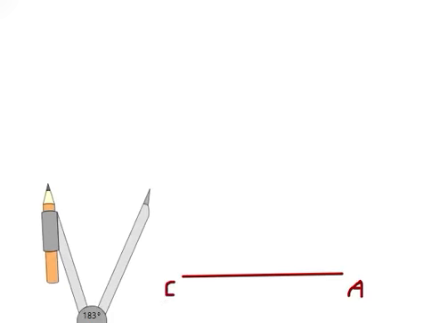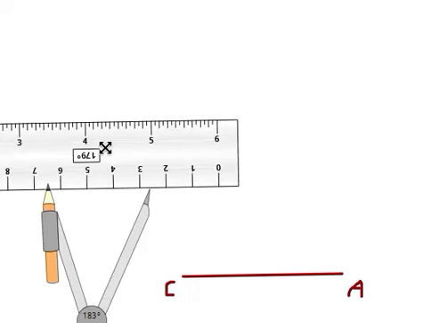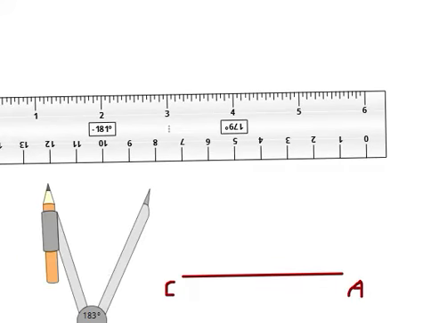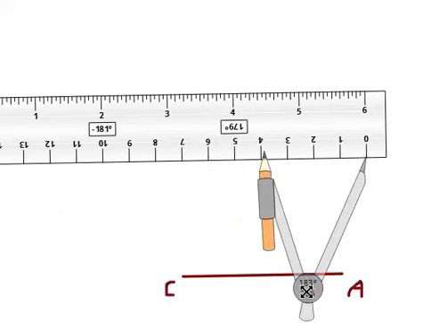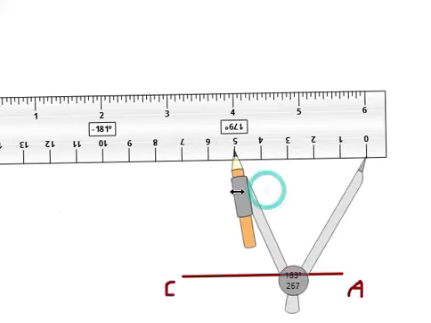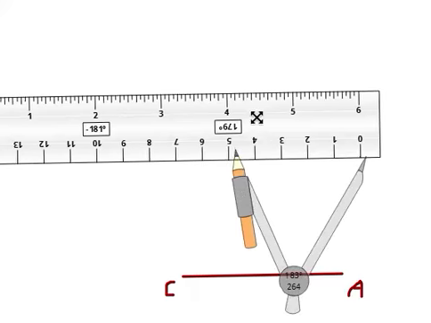We must open the compass to 5 centimeters using the ruler.